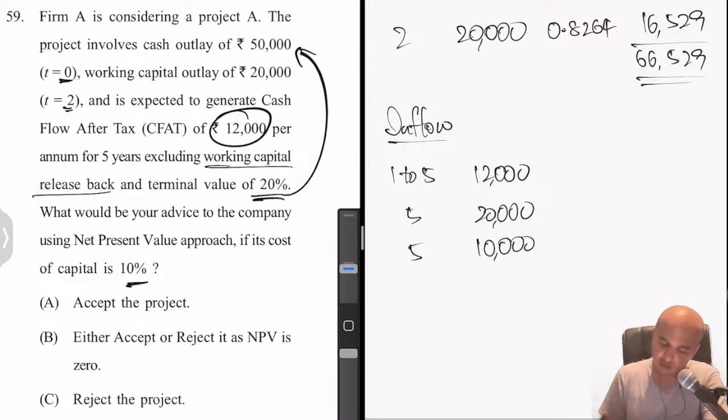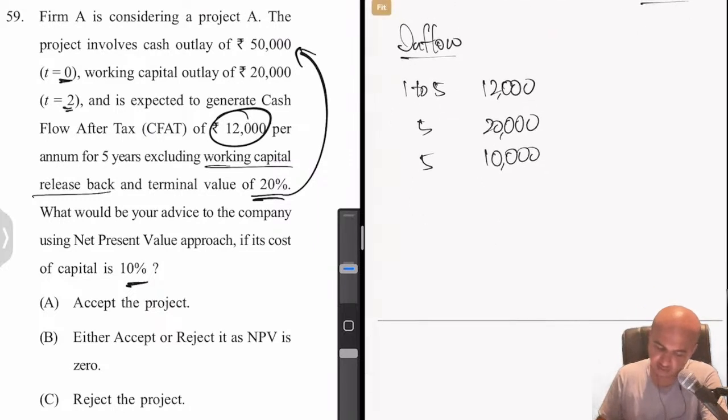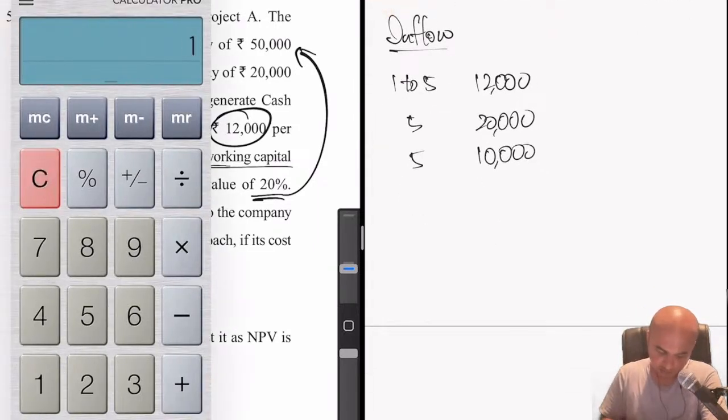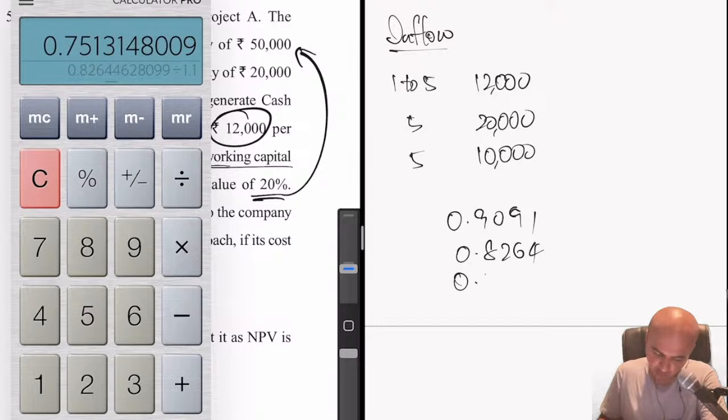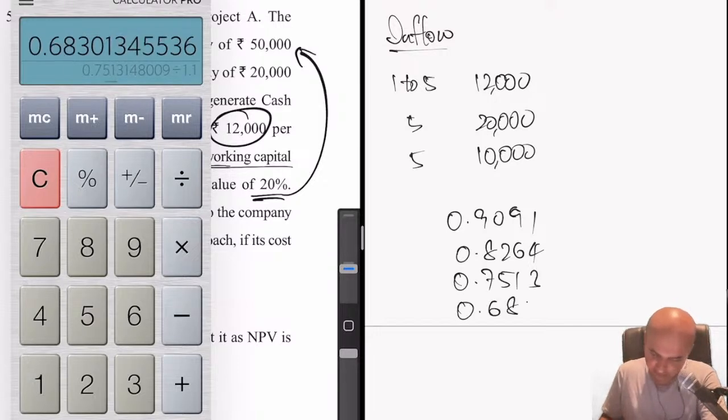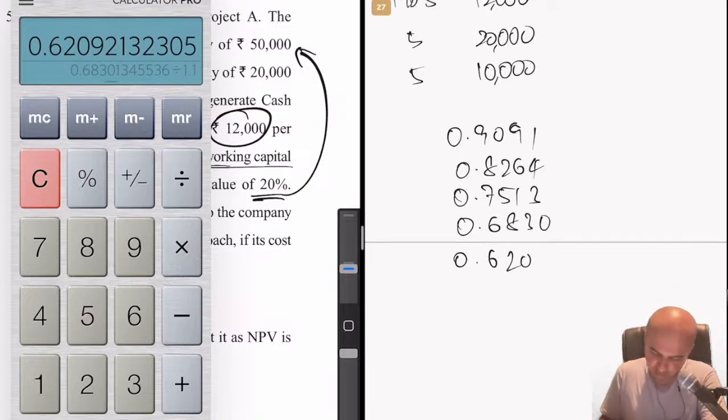Yeah, so now for 1 to 5 years, what is the present value annuity factor? If you look at the table, you'll get it. Otherwise, what I will do is I'll simply write down this 1 divided by 1.1. So 0.9090 or 0.9091. First year, second year 0.8264, third year 0.7513, fourth year 0.6830, fifth year 0.6209.